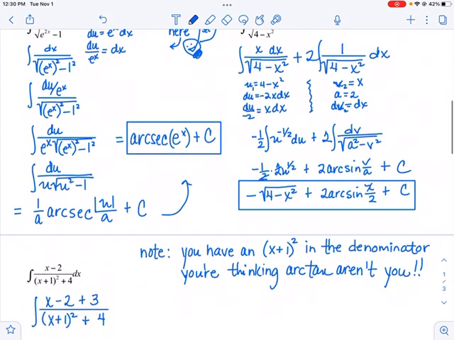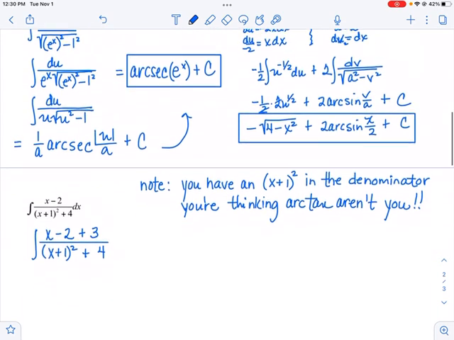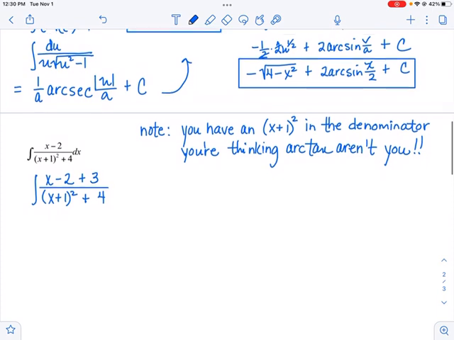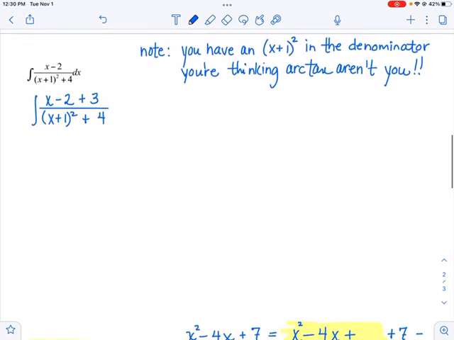Now, for the next one, we've got this binomial squared in the denominator. So when I first look at this, it looks just like an arctan. You're probably thinking that same thing, right? So I have that x plus 1 squared in the denominator, and I think I might want to make that an x plus 1 in the numerator as well. So you see where I added 3?